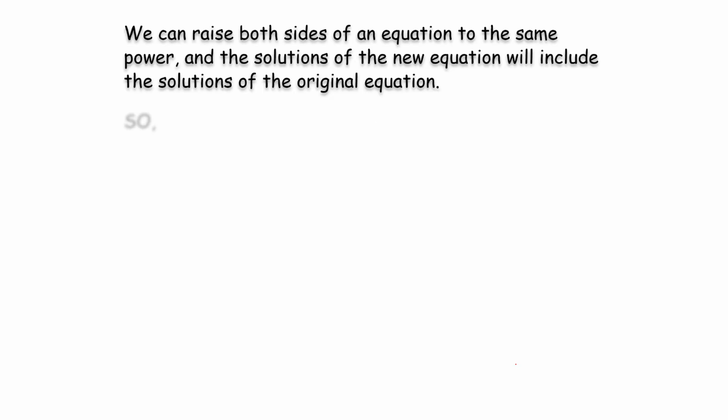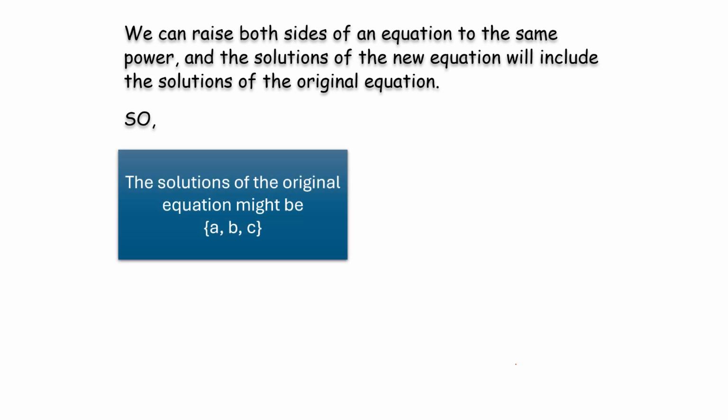As I said in the previous slide, we can raise both sides of an equation to the same power, and the solutions of the new equation will include the solutions of the original equation. So say you have some equation, the solutions of the original equation might be A, B, and C, whatever they are.